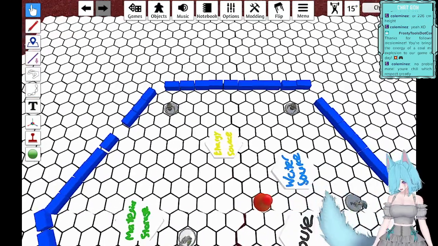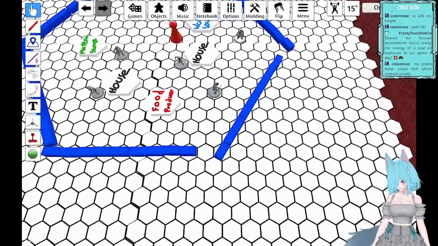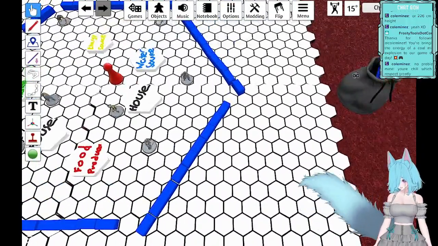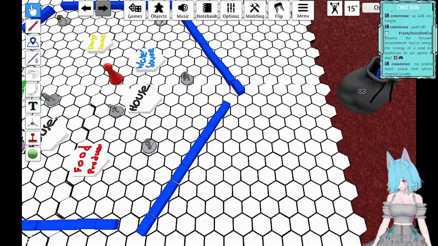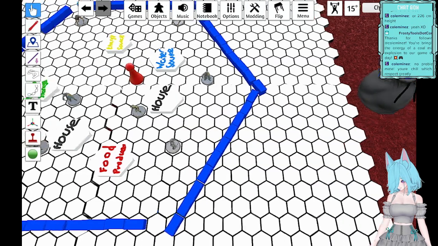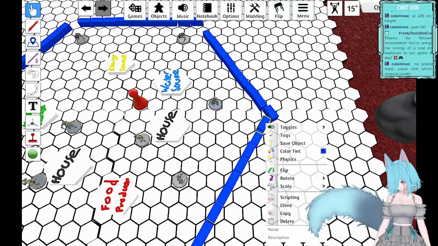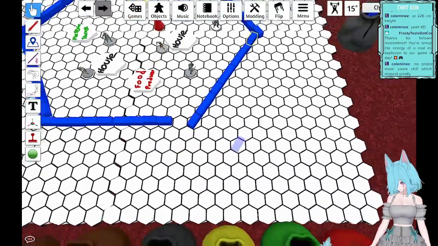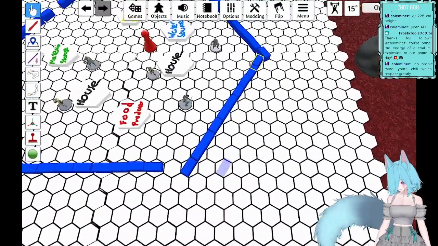This is because I didn't set the thingies well. So that's on me. Let's just clone. Cloning is a lot faster.